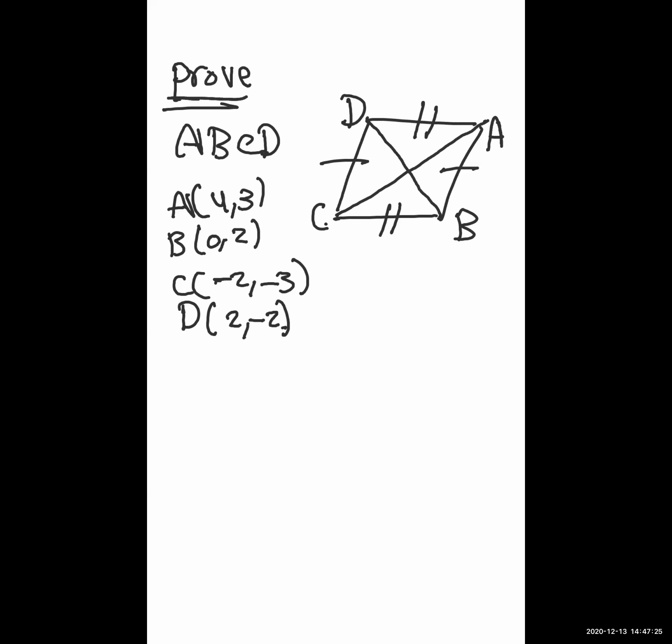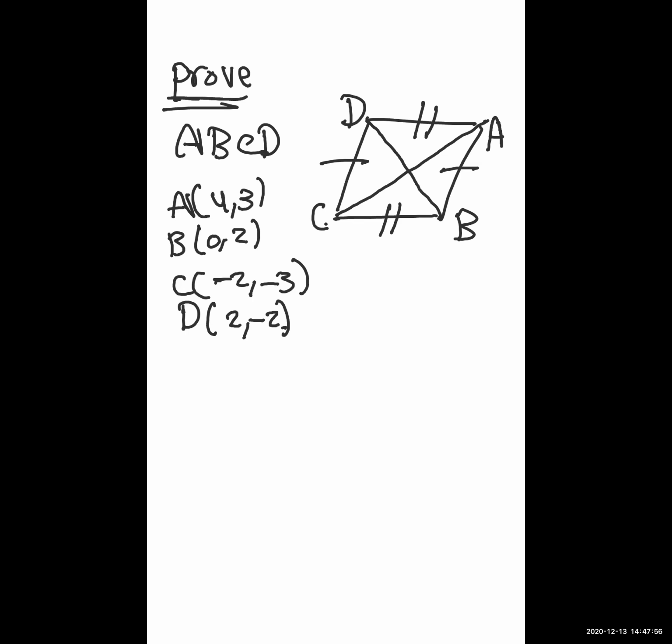We will get the midpoint of AC, the first diagonal, and the midpoint of BD, the second diagonal. If the midpoints are the same, the two diagonals bisect each other, so it's a parallelogram. Okay, let's solve this one.